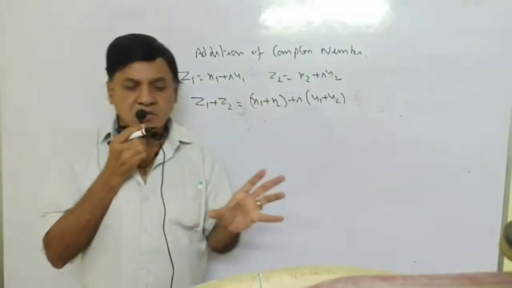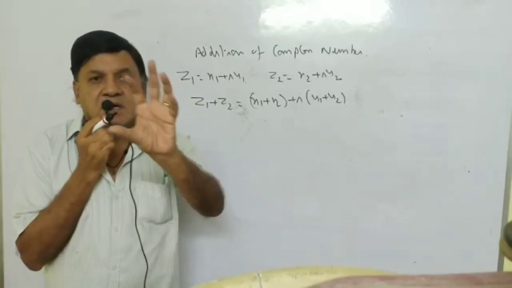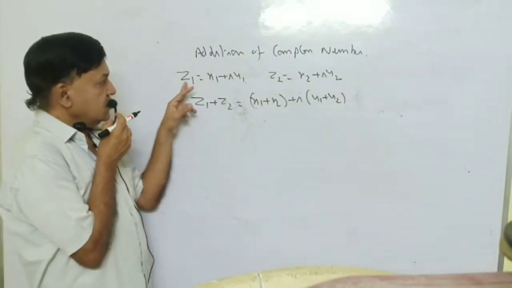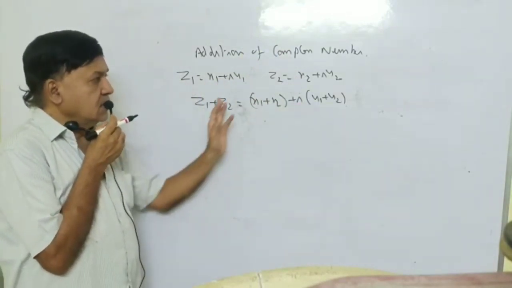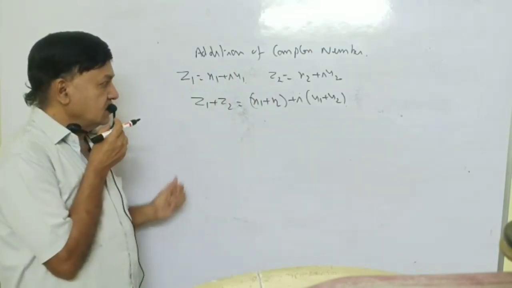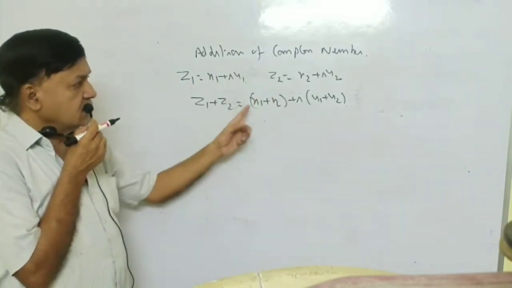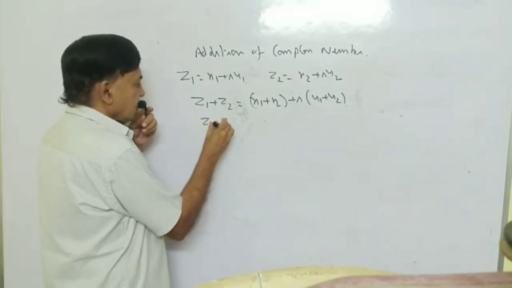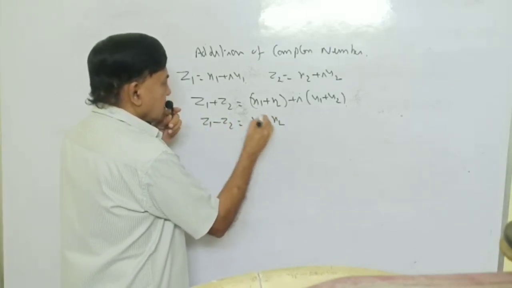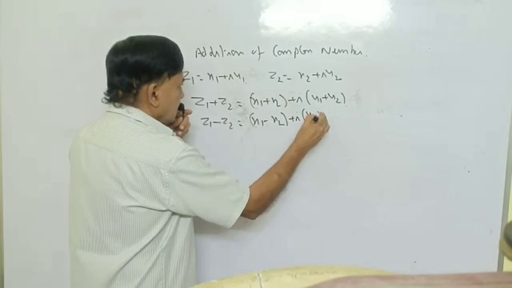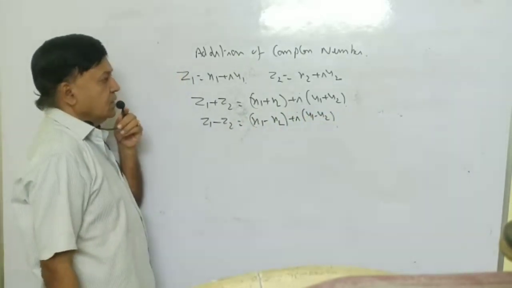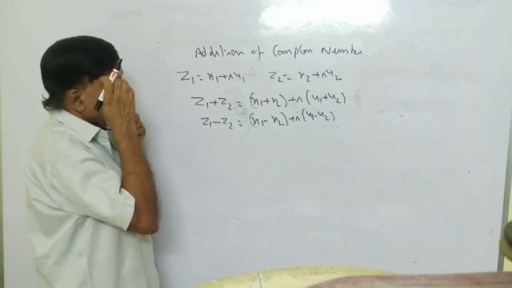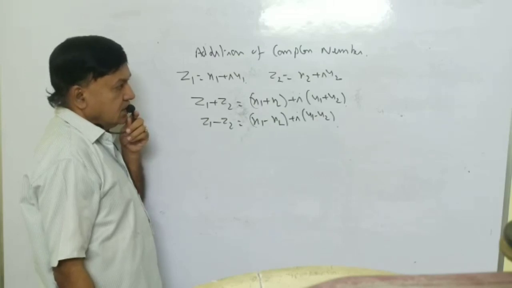So Z1 plus Z2 is equal to (x1 plus x2) plus i into (y1 plus y2). Similarly, Z1 minus Z2 is equal to (x1 minus x2) plus i into (y1 minus y2).